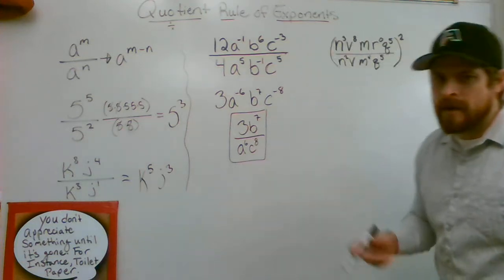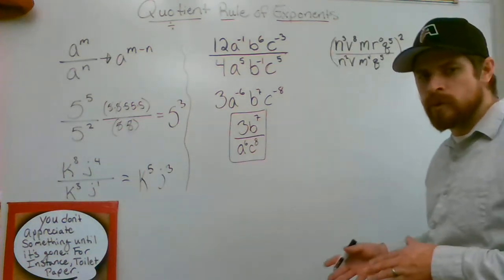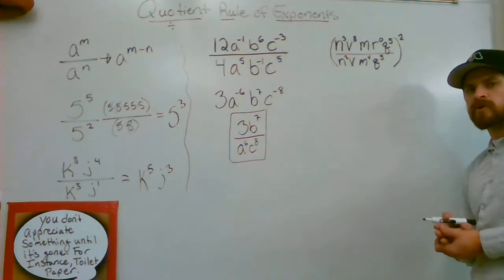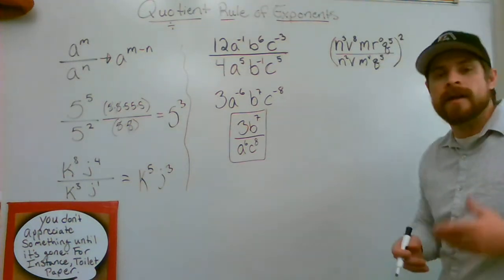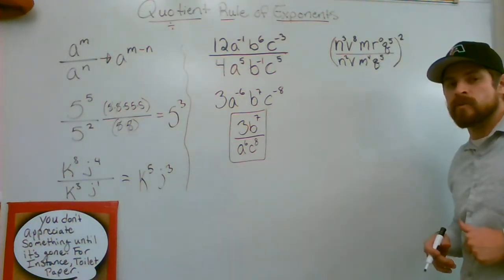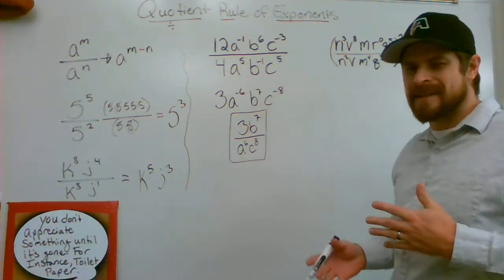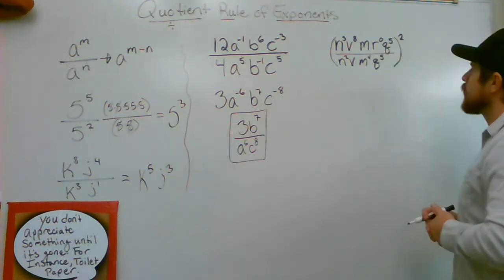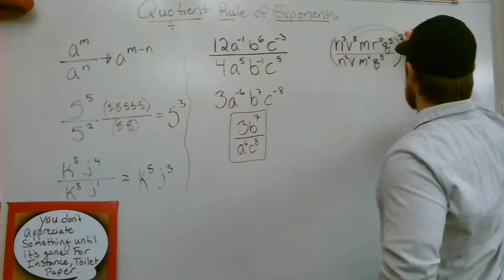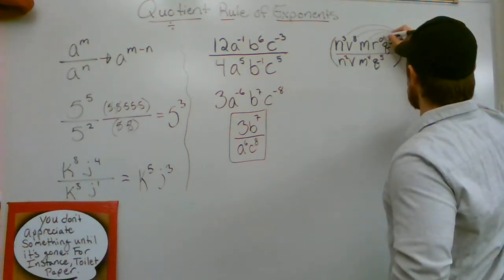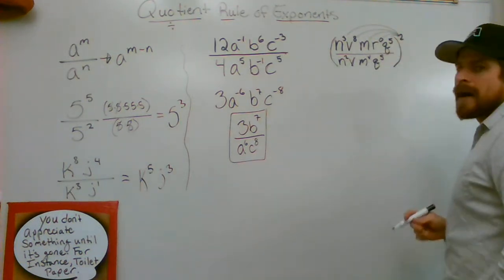We got this. Now, let's use our power rule first. Then we'll use our quotient rule, and if we end up with any negatives, we will take care of them. Or if we end up with any zero exponents, we'll turn them into 1, which technically makes them disappear. So I'm going to distribute this 2 to the 3, the 8, the m, the 0, the 5.